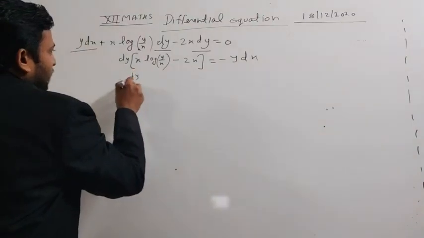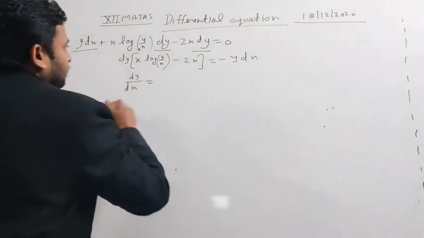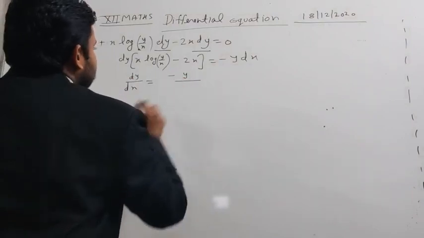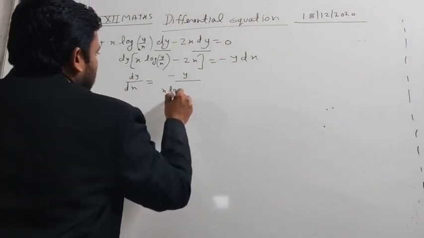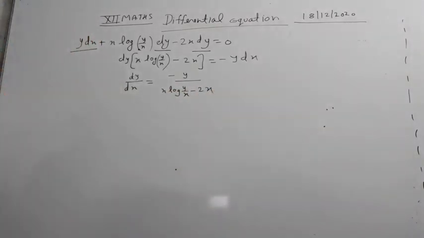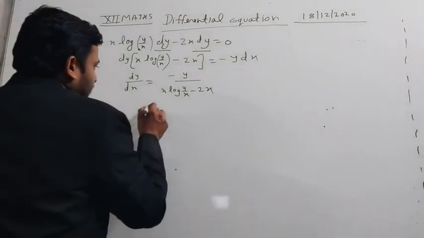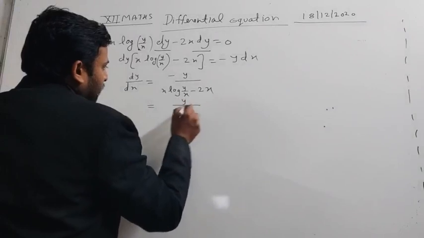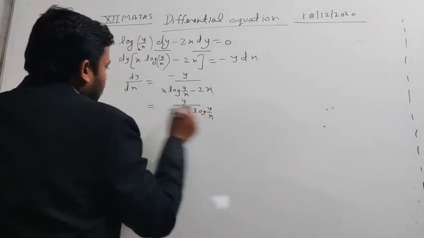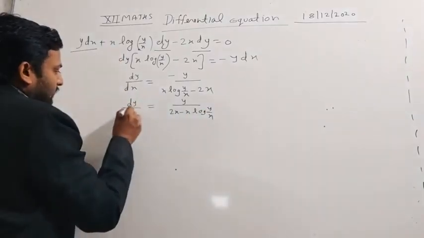So dy by dx is minus y by x log y by x minus 2x. Now taking the negative sign outside from the denominator, we get y by 2x minus x log y by x. So this is our dy by dx.